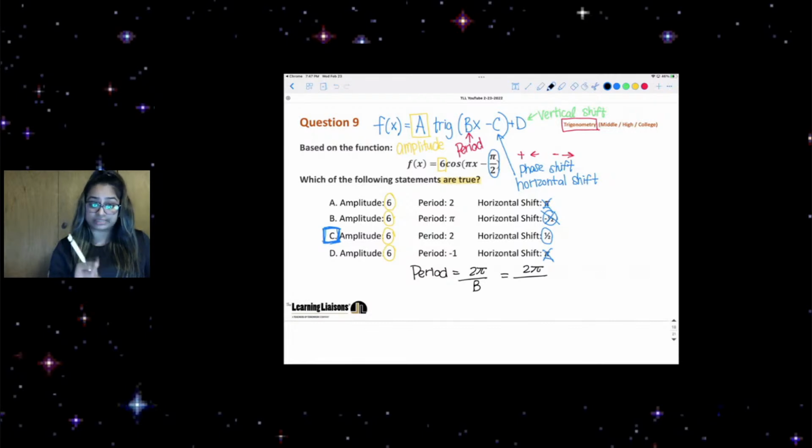Remember, our number is the number in front of the x, and the number in front of the x here is going to be pi. Well, when I have pi over pi, that becomes 1, and I'm left with 2 as my period. They're not so bad once you know all the components to it.